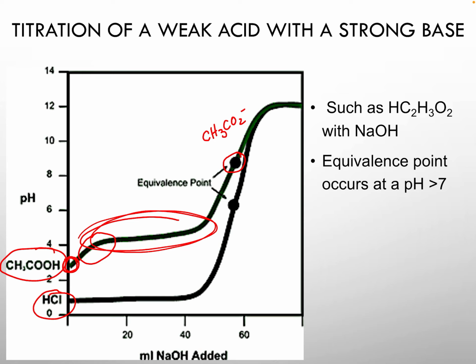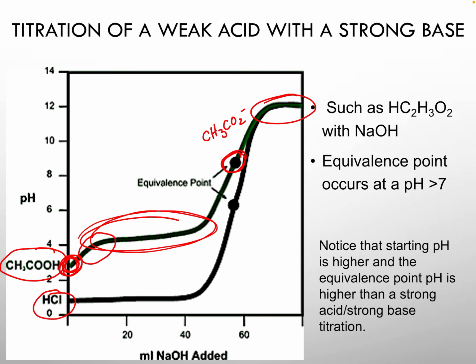The weak base will undergo an equilibrium with water, making hydroxide ions in solution, which ends up dragging our pH a little bit over 7. So with a weak acid you're getting not as low of an initial pH, and again, that equivalence point has moved. Everything will be the same after the equivalence point because we're going to have excess strong base in essentially water, so that calculation will end up being fairly similar.